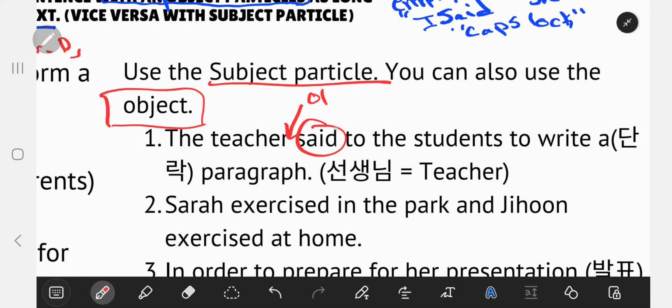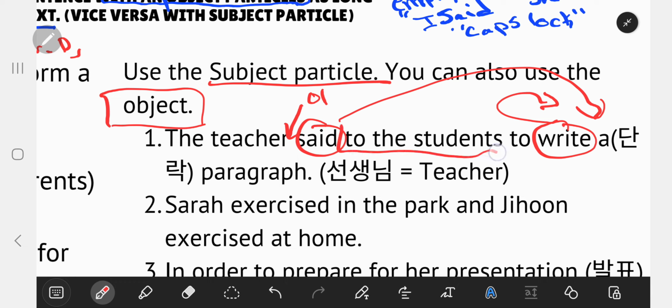So said, we go there. To write, okay, we go there. And then to the students. So basically, to the students and then write a paragraph. So this is the object, right? Because the teacher said to write a paragraph.